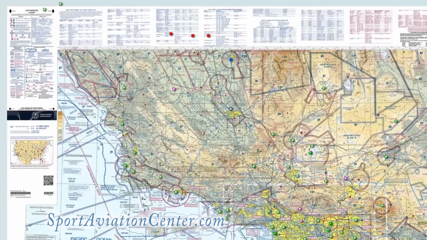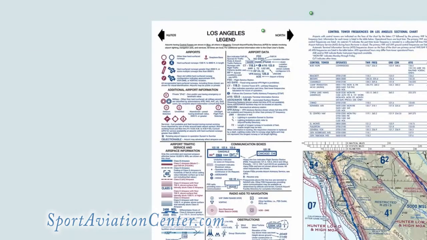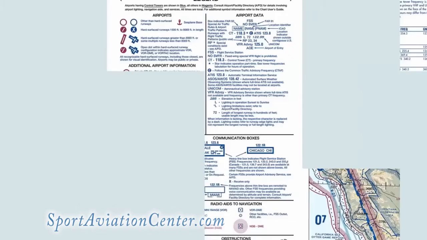And as we can see on our sectional here, we go up to our details legend, and we can help identify what those markings are. So let's go over and zoom into our markings and see what those look like. You can see our legend here, and we're going to continue to zoom in.